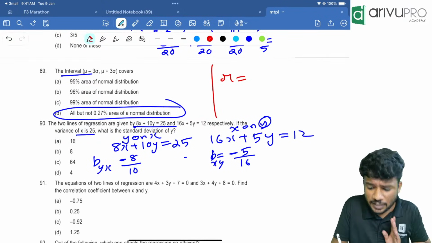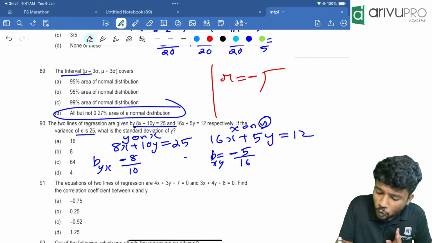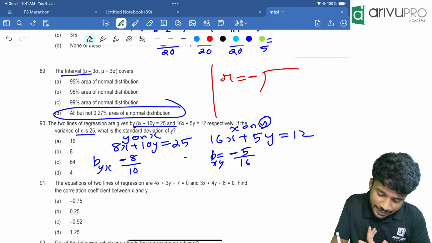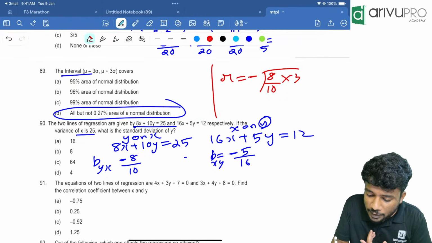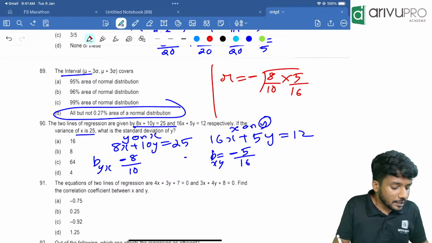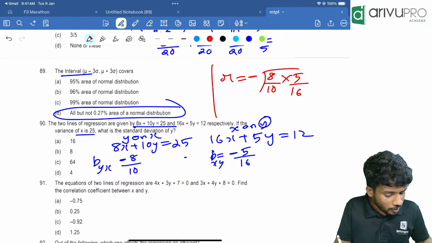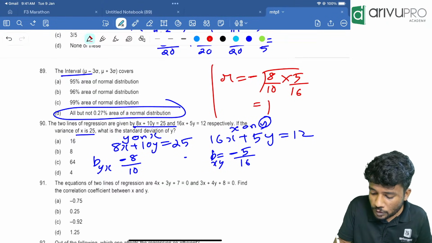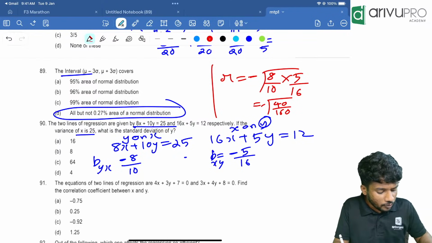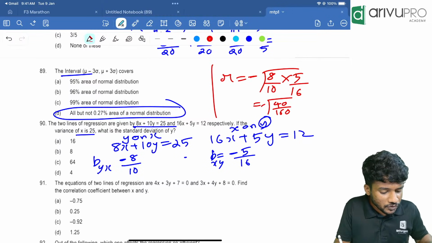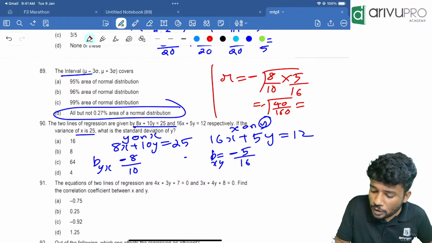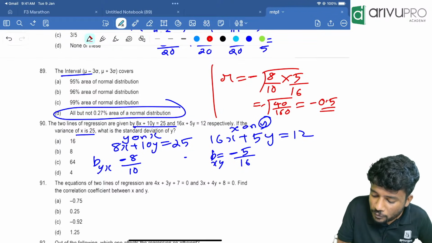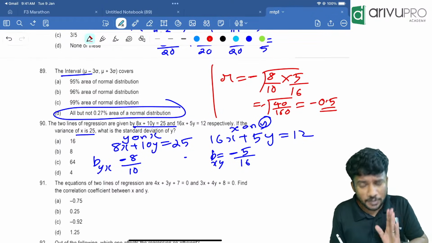Here both the values are negative, so we put minus root of 8 by 10 into 5 by 16. That is minus root of 40 divided by 160. Take your calculator. 40 divided by 160 is equal to 0.25. Then click root, which is equal to minus 0.5. So our value is minus 0.5.